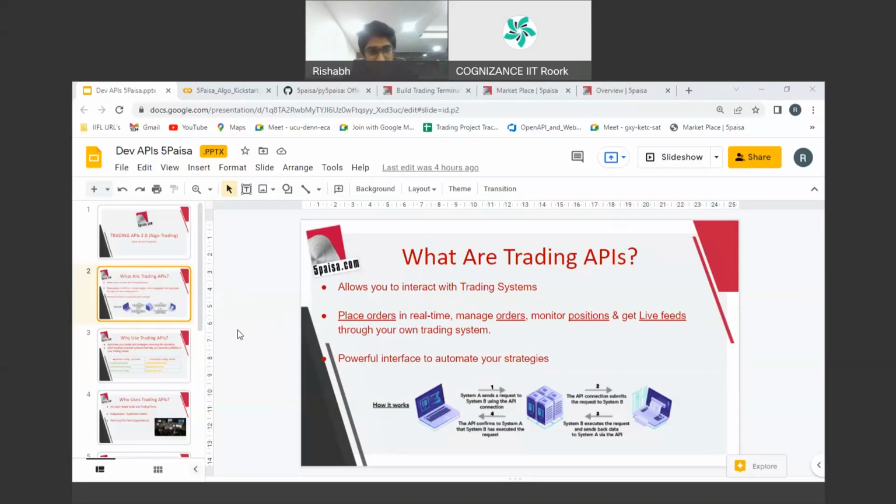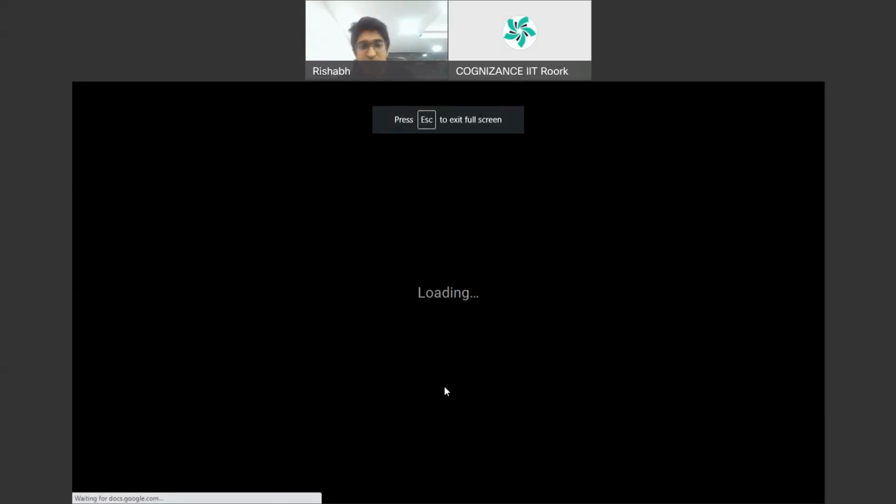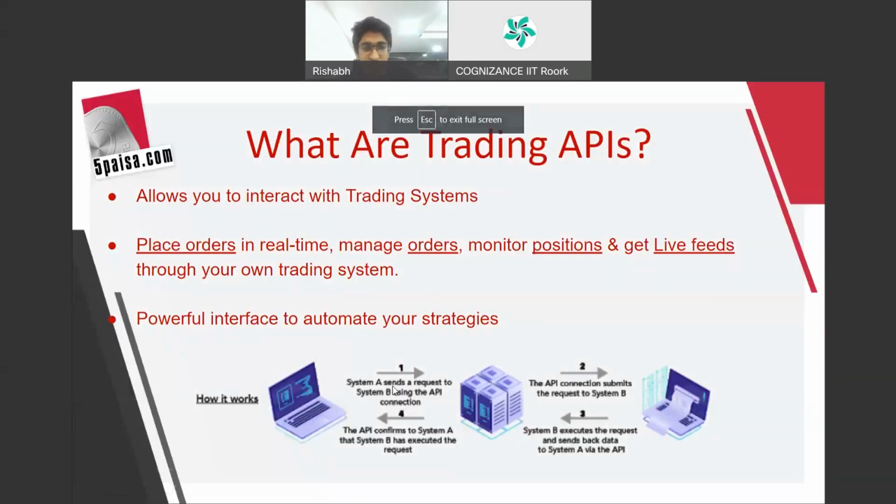If you see this flow chart, I think it explains pretty simply. There is a system A that sends a request to system B. You can consider this your laptop or your mobile phone, any front end.